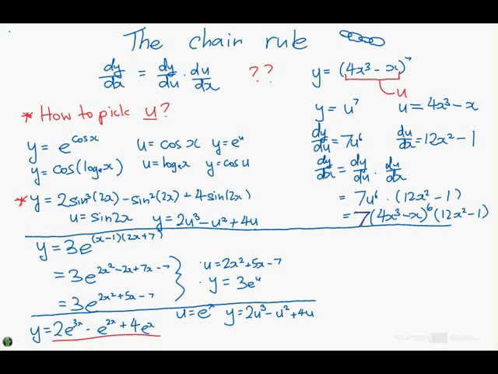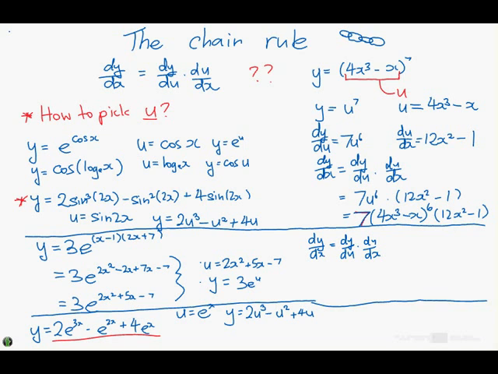Blocking out this little bit just for our space. So if u equals 2x squared plus 5x minus 7 and y equals that, remember that dy/dx is dy/du times du/dx, right?